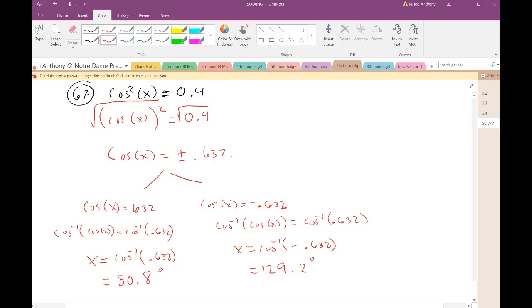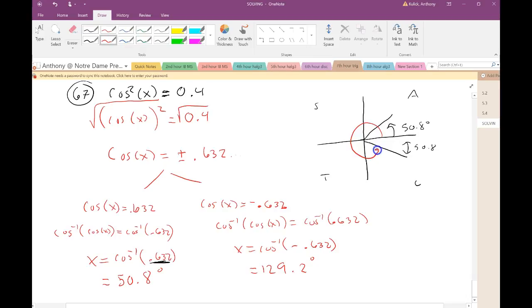So we have that. Now let's draw our picture, and I'm going to draw a separate picture for each one of these little problems. So here's 50.8 degrees. And since we're dealing with cosine, I know cosine is also positive in the fourth quadrant, where that distance is 50.8.